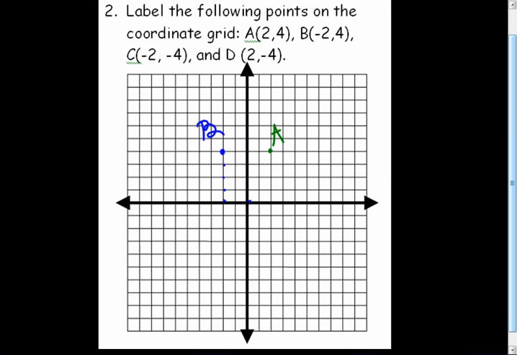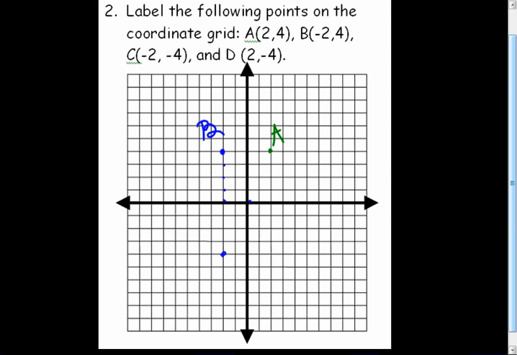Okay, who wants to do C? Jake, have you been up here? He hasn't been up here. Gabe. Kendra, come on up and do -2, -4. Just put the letter there. It shouldn't take us this long. Now, it's really important that you get the right answers. You're going to need to check your work.